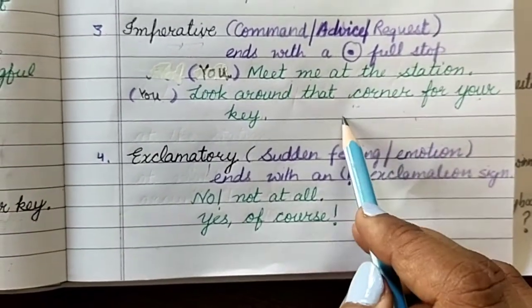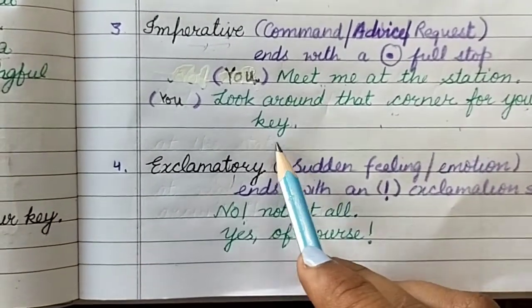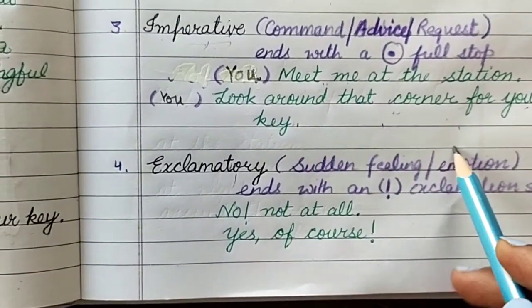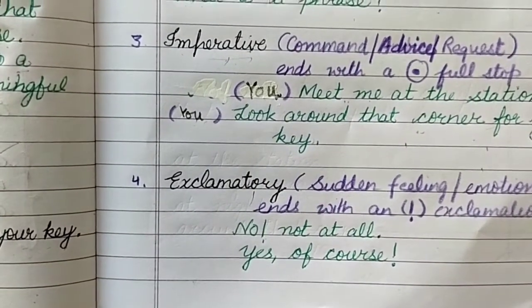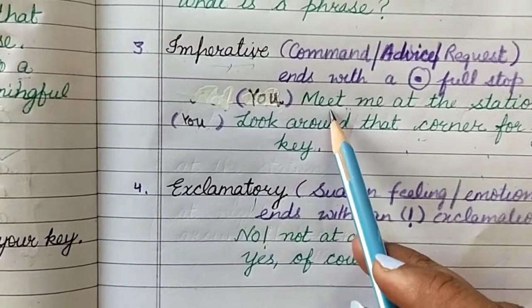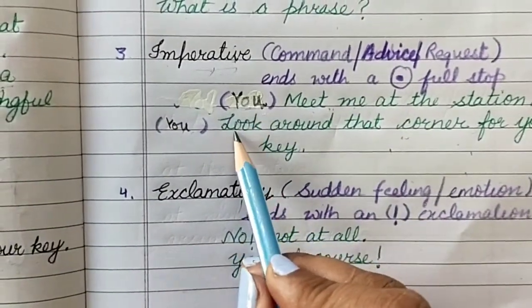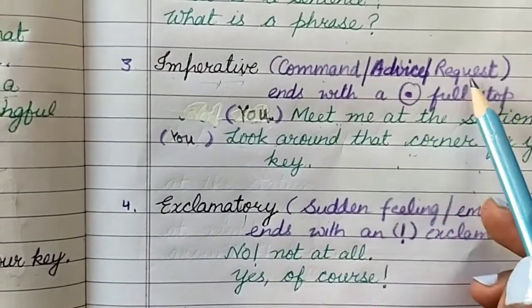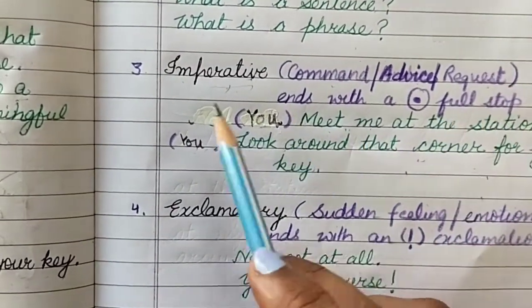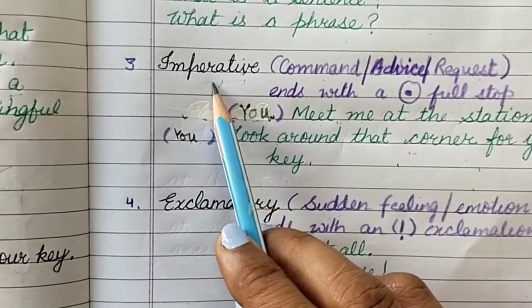So advice है, command है, right. Please bring me a glass of water. Now you are making a request. So all such kind of sentences where you feel that the subject is missing and it's a kind of a command, advice, or request, then you will call it imperative kind of sentence.